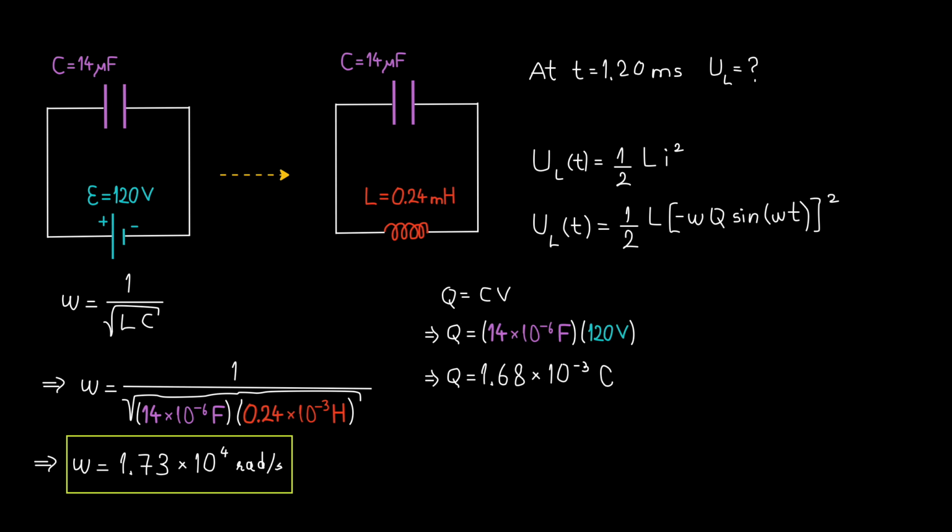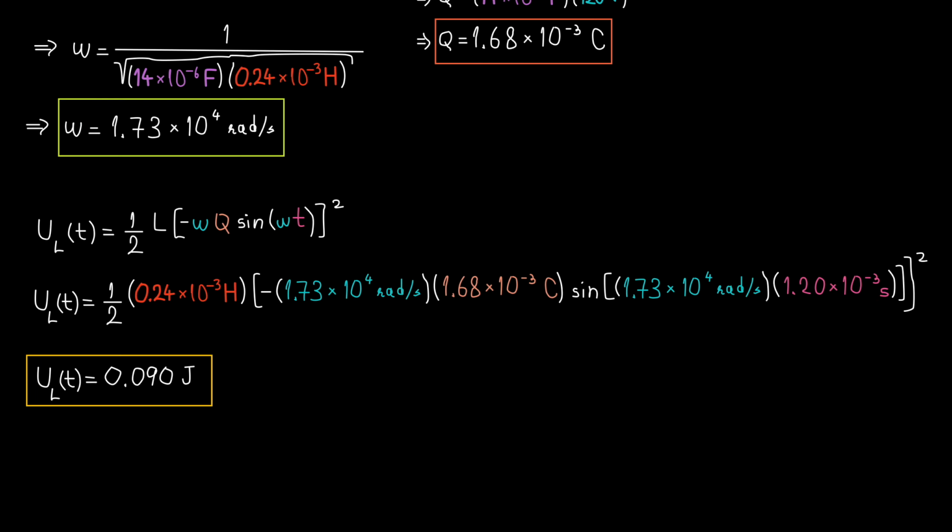Initial charge on the capacitor is equal to its capacitance times its initial potential difference. Keeping three significant figures, that's equal to 1.68 times 10 to negative 3rd coulombs. Now let's go back to our energy calculation. After the numerical substitution, keeping two significant figures, we get 0.090 joules of energy stored in the inductor.